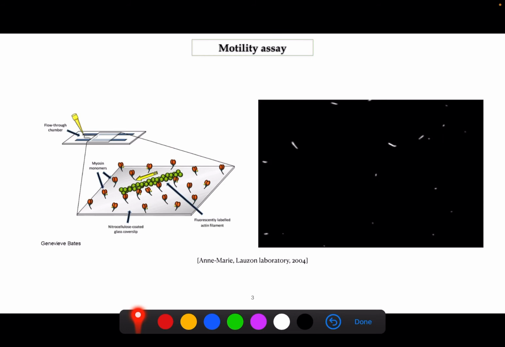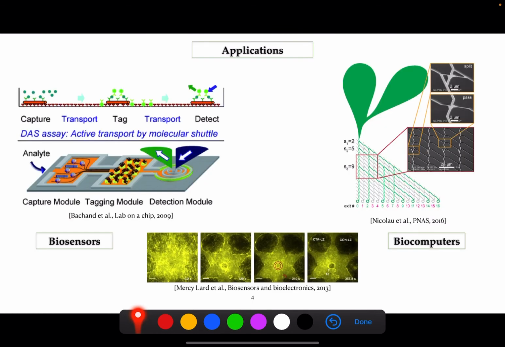This in vitro motility assay setup can be utilized in various applications. Some of these applications include making biosensors and making biocomputers. For the biosensor application, shown here on the left, the basic working principle is that cargo or analyte is loaded on the filament.